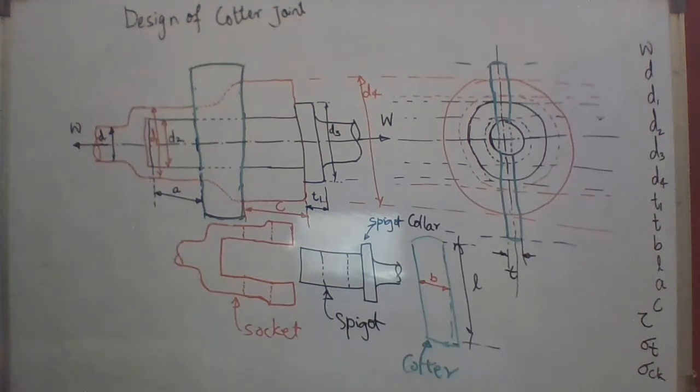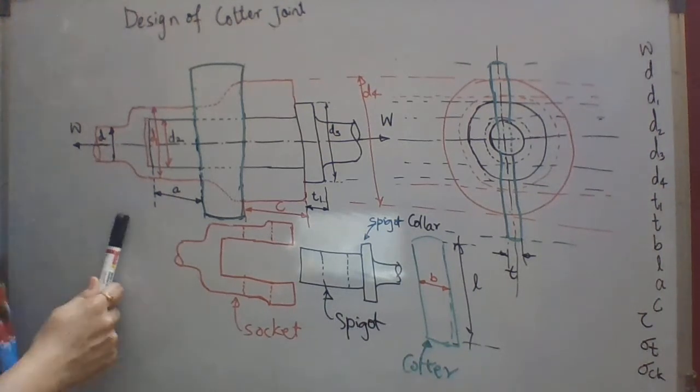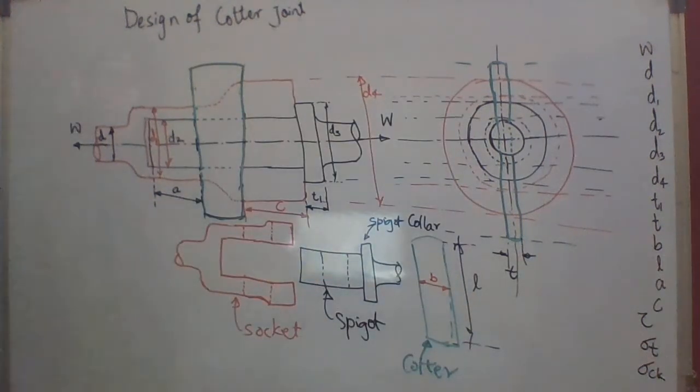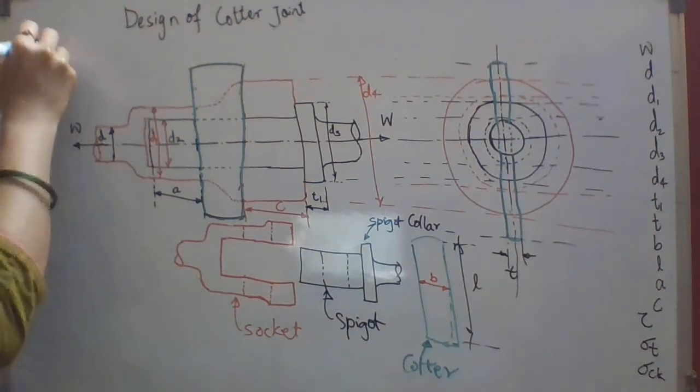We are aware of all these types of stresses. We have learned these stresses in previous lectures. So what do you have to do? You have to draw the diagram, list out all the alphabets and write down the meaning of all the alphabets. Okay, so we'll start with the first alphabet, that is W.